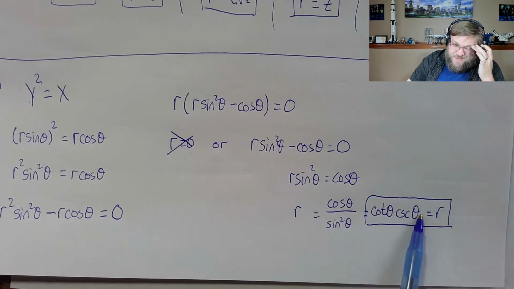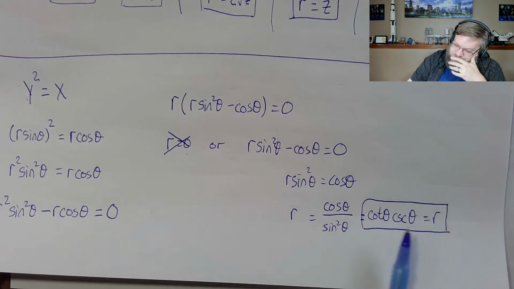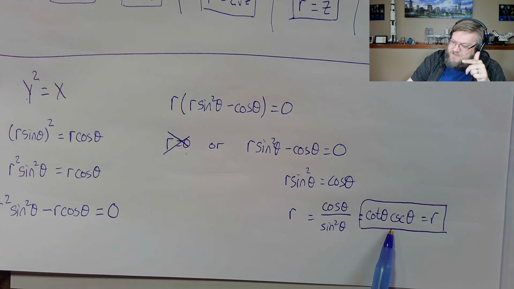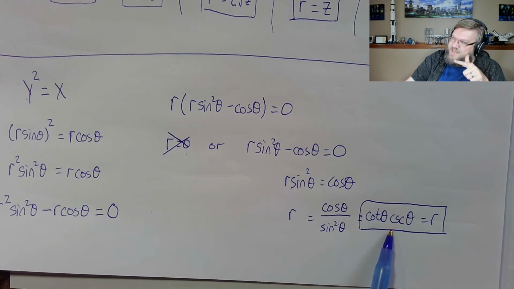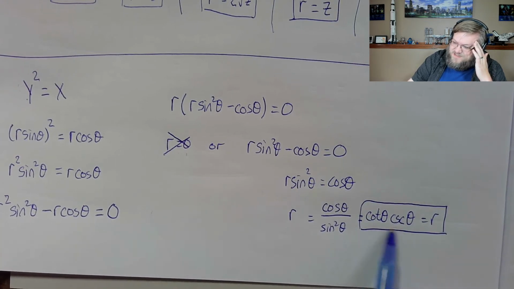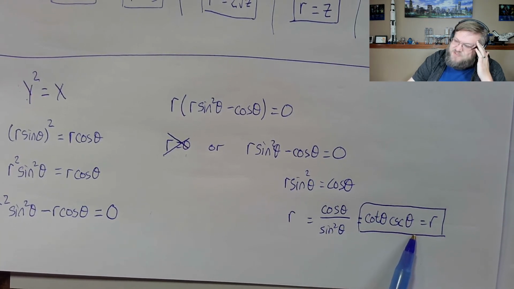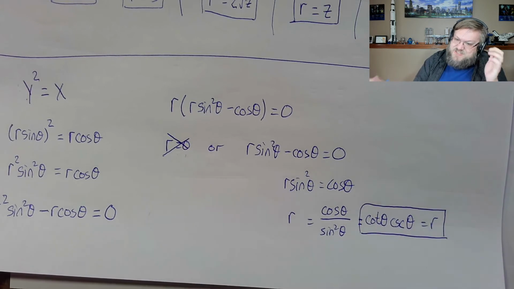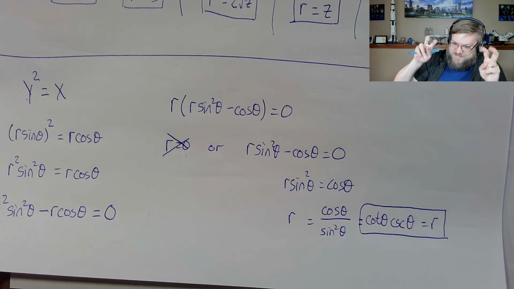Now, I think this one's actually decently easy, but it's the other one, right? If this was like secant tangent, the derivative of secant is secant tangent, so that's actually not too bad to integrate. And this is the cousin of secant tangent. This is cosecant cotangent. So this is an easy one, but one that's probably not at the top of your head.